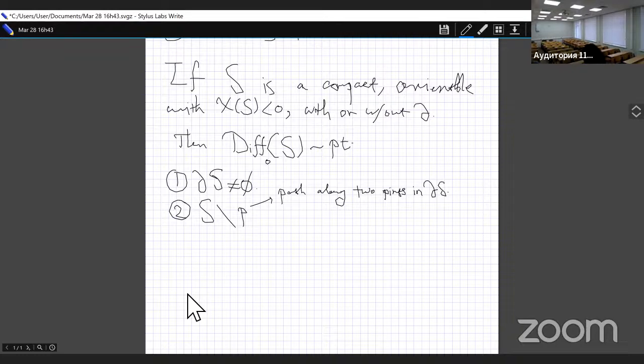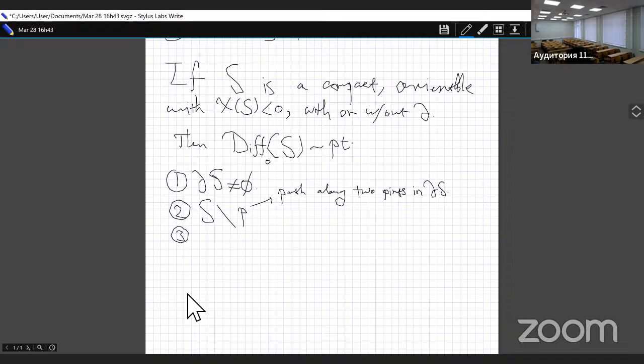This is to make the boundary have one component less.